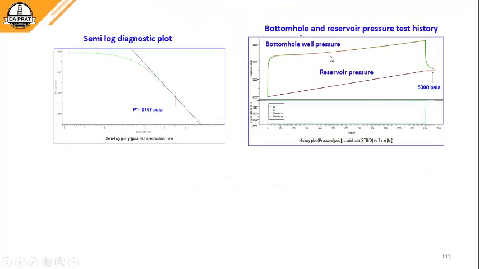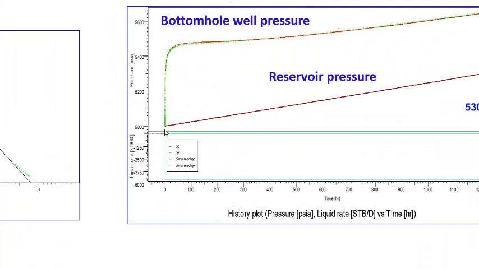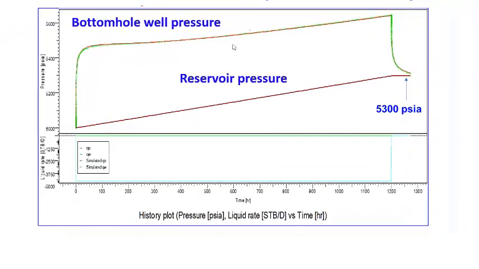Here, just to show you, this is the bottom hole well pressure increasing, and from an initial reservoir pressure of 5,000, as you see here, reservoir pressure is increasing as long as you keep injecting.